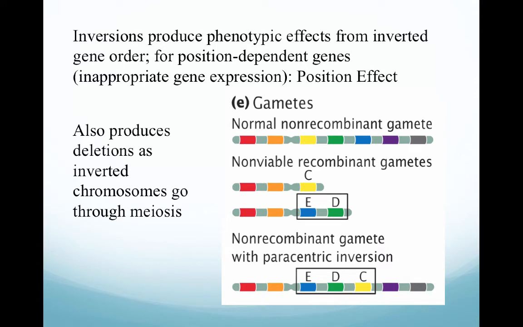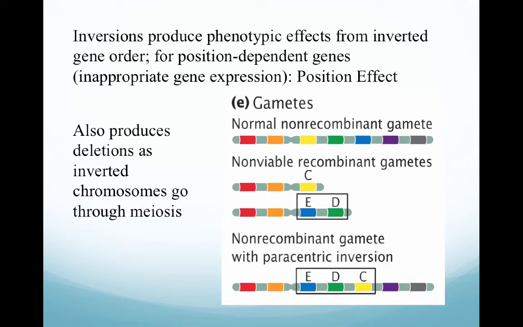So inversions can produce many phenotypic effects from an inverted gene order, and this is really important when it comes to genes that depend on their specific position to be expressed. Okay, so this is what we call position effect.